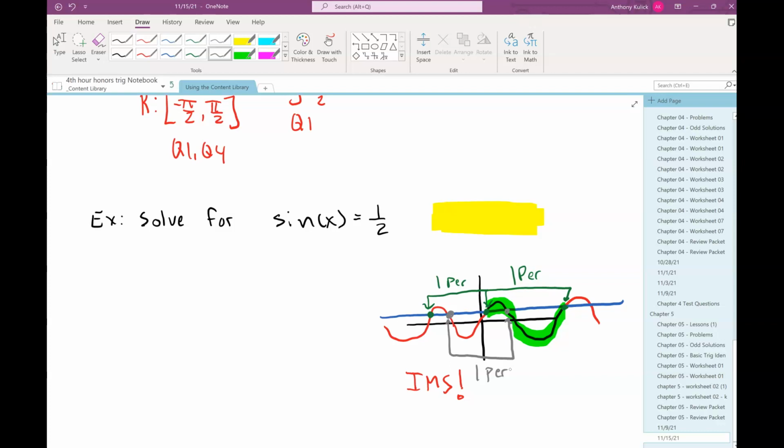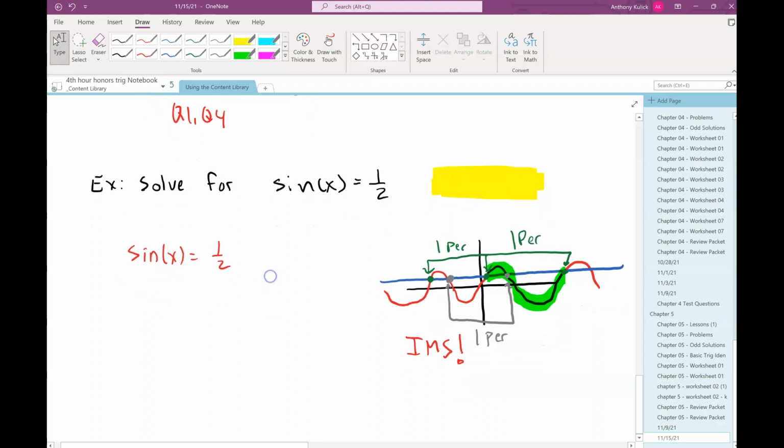Everybody okay with that? So let's show you guys how we'd actually go about solving this then, and how we'd write that answer up. So we'd begin by doing the sine inverse of both sides. Then we'd go to the unit circle and look up all the places where y is 1/2.